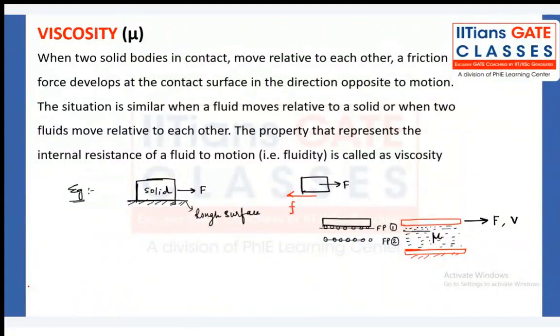Try understanding, guys. Whenever I pull the top plate with the force F and constant velocity V, what will happen? Tell me, guys. Will fluid particle 1 have higher velocity than fluid particle 2, or lower velocity, or equal velocity at the first instant?